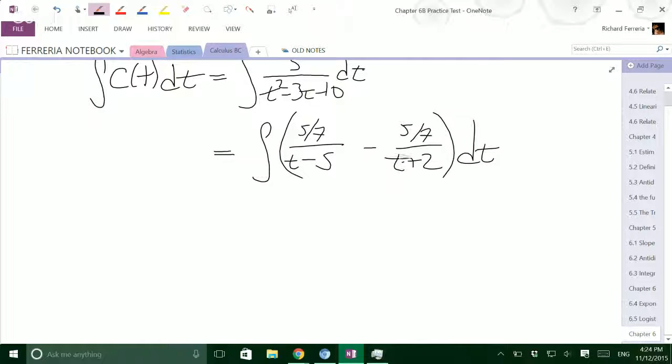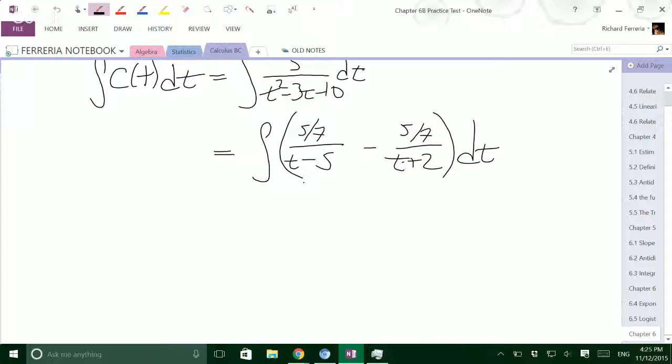Do a quick check with the u substitutions. Remember, this is where you could get in a lot of trouble. This one, u equals t minus 5 and du equals dt, no problem. As long as du equals dt, you have no problem.